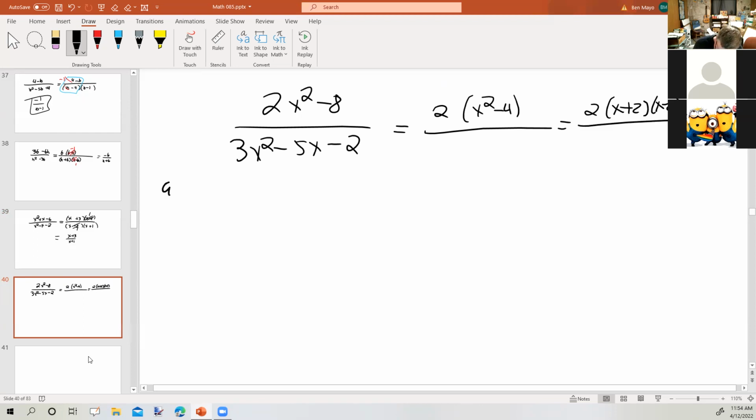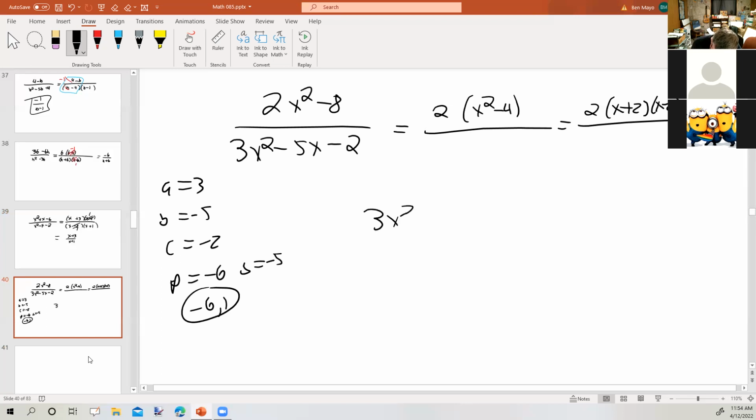Factoring the bottom: a is 3, b is -5, c is -2, the product is -6, the sum is -5, the numbers are -6 and 1. So we've got 3x squared minus 6x plus 1x minus 2. Factor by grouping: 3x, x minus 2, x minus 2 plus 1.